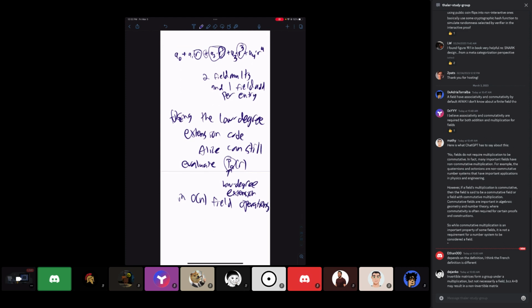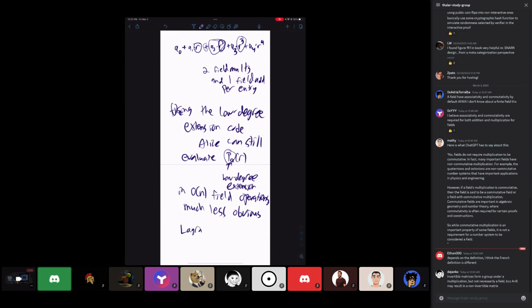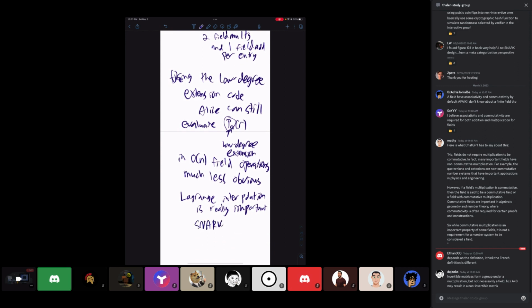But it's much less obvious. So the same efficiency holds up to a constant factor, but the algorithm is different. There's a section of the book that discusses this, and I plan to cover that next week. But it's probably not a good idea to cover it 80 plus minutes in this week. But this algorithm, which is called Lagrange interpolation for univariate polynomials, is really important in SNARKs because SNARKs like to typically use low degree extension encodings.